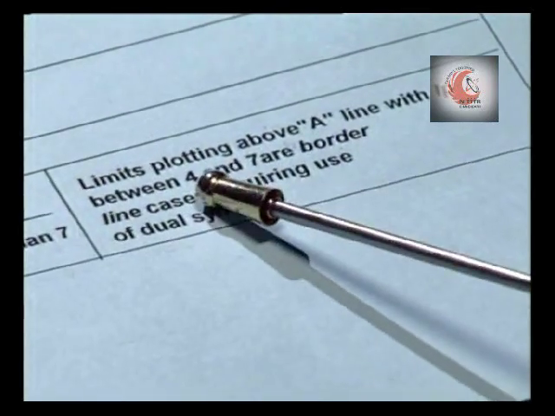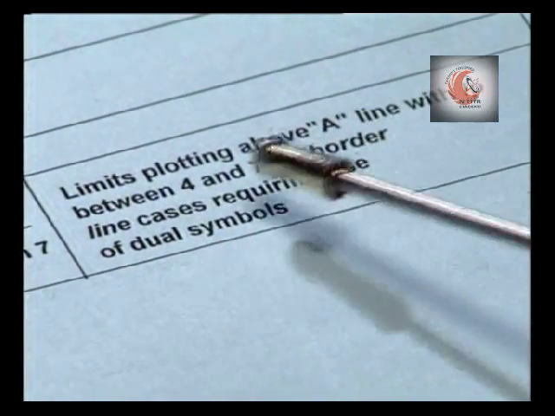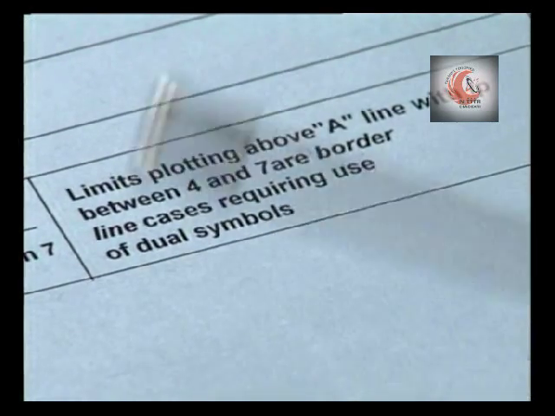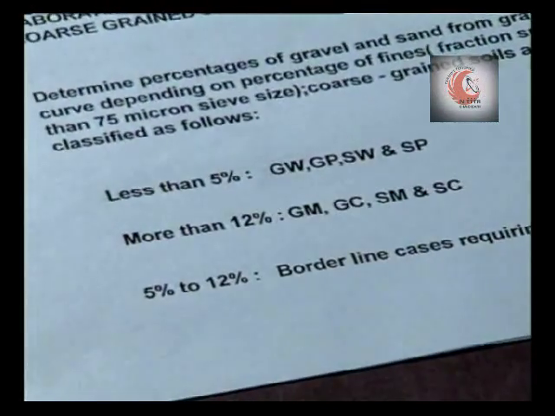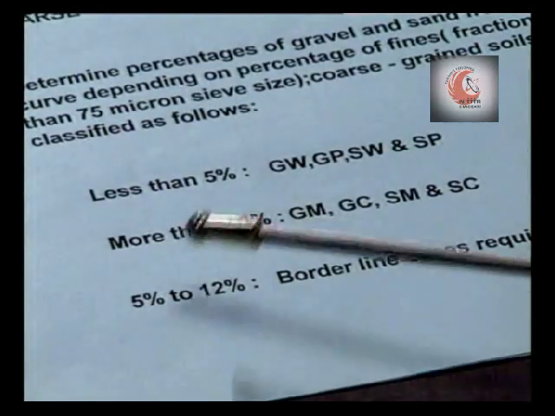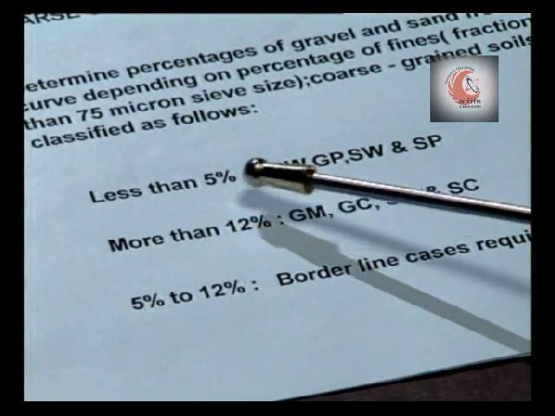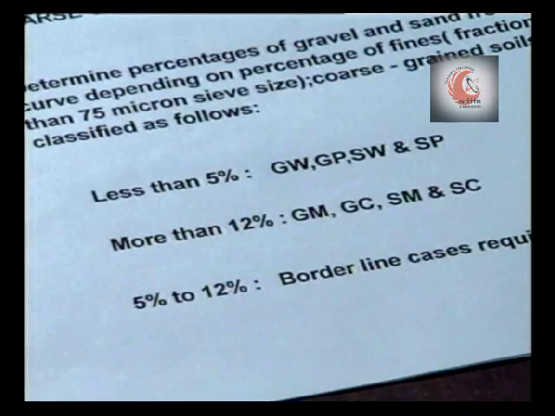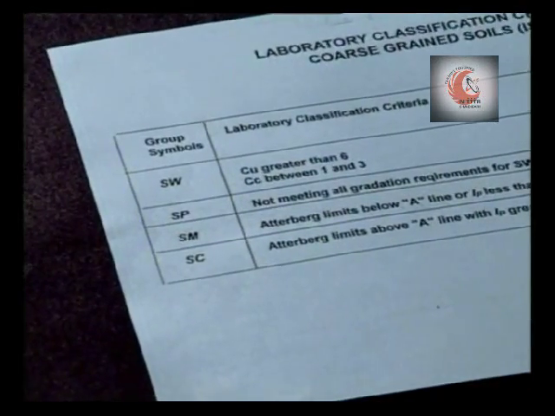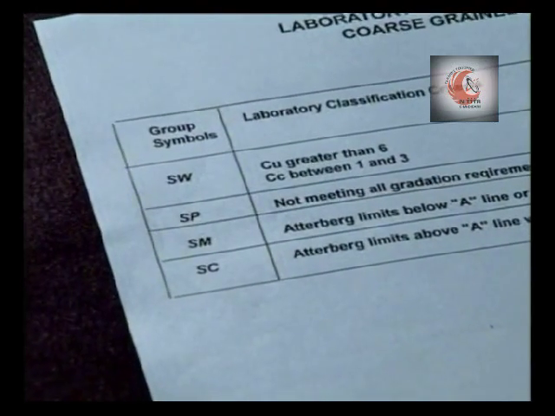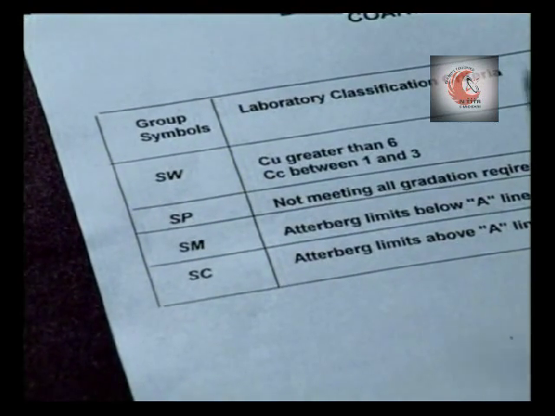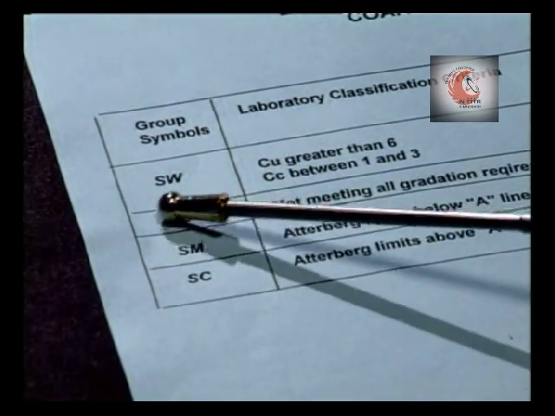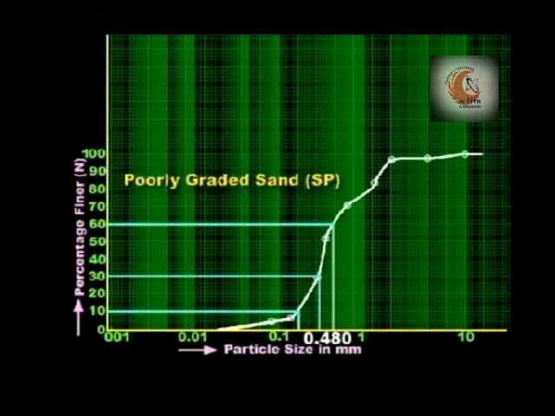If IP is between 4 and 7, then it will be borderline cases and will require dual symbols. In our case, the percentage fine is less than 5%, so classification will fall in this group. Cu is 2.82 and Cc is 1.18, which is not meeting this requirement, so the classification of soil will be SP, which is poorly graded sand.